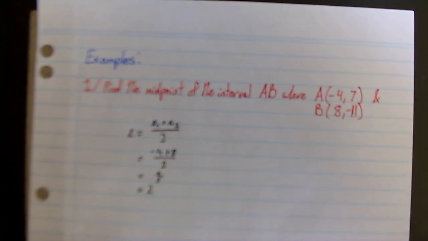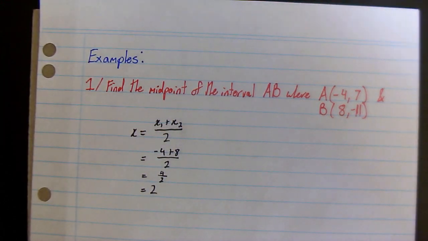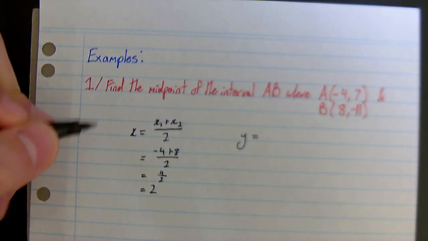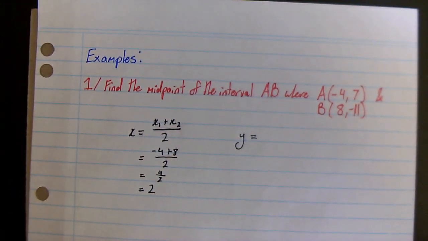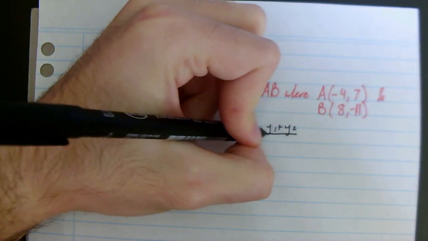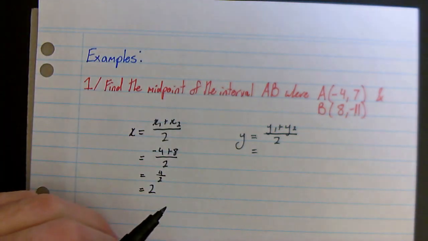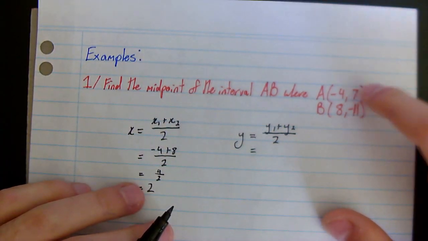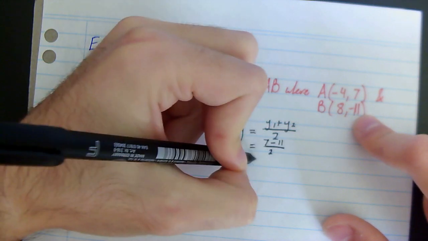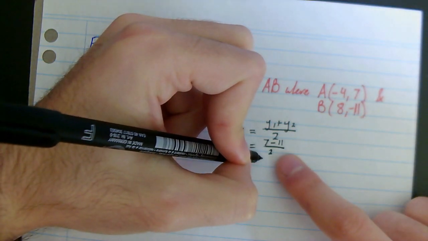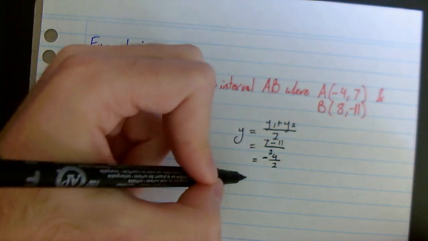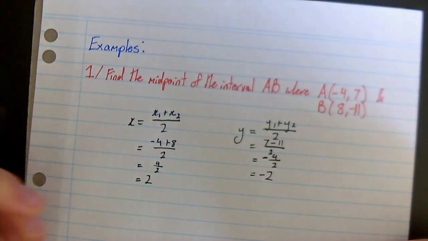And if I consider the y coordinate of the midpoint, that's equal to y1 plus y2 over 2, which is equal to 7 plus -11, which is just 7 minus 11, over 2. 7 minus 11 gets us -4 over 2, and -4 over 2 is just -2.